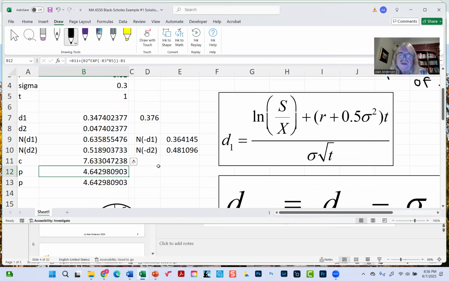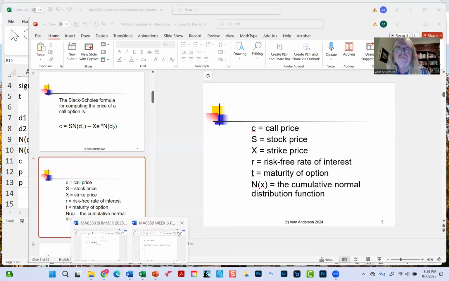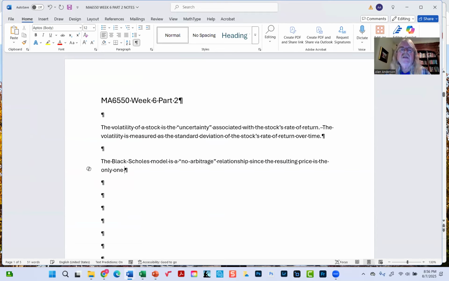Now, this call price is the only one that is consistent with no arbitrage opportunities. So we said that the Black-Scholes model is a no-arbitrage relationship, since the resulting price is the only one at which there are no arbitrage opportunities.